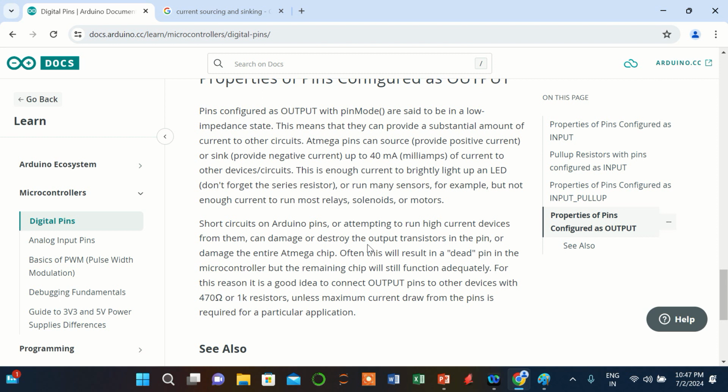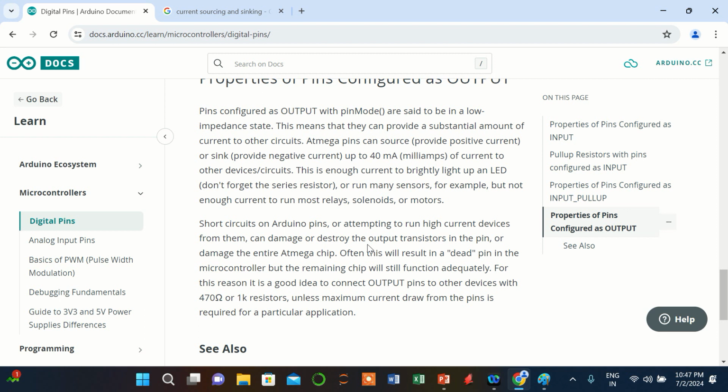So do not make the pins dead, because if you draw more current, then inside the controller, the output stage of the pin will be permanently damaged. It may become dead. However, the controller may still work. The possibility is there because the other circuitry is not damaged.